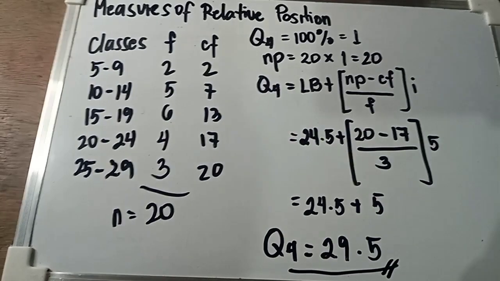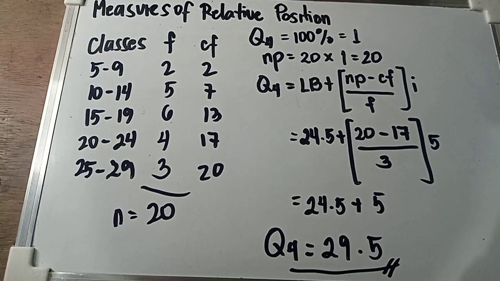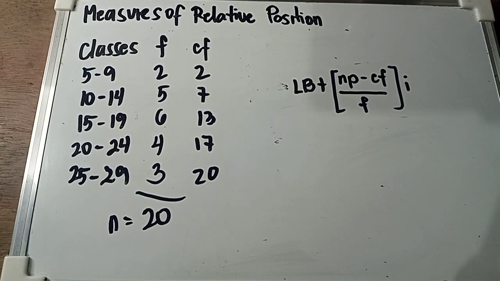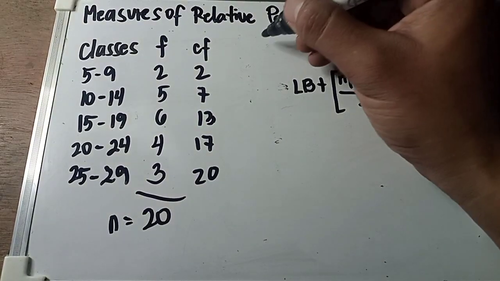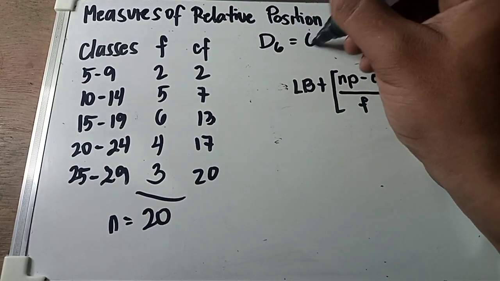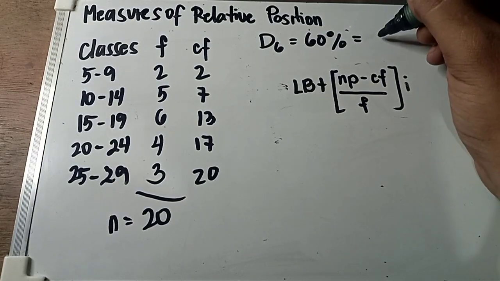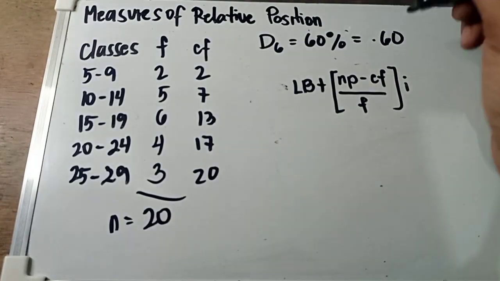Okay? Yung pagkuha ng percentile and decile is just the same process sa ginawa natin dito. Next, for example, we are looking for the D6. D6 is equivalent to 60%, or sa decimal natin ay 0.60.